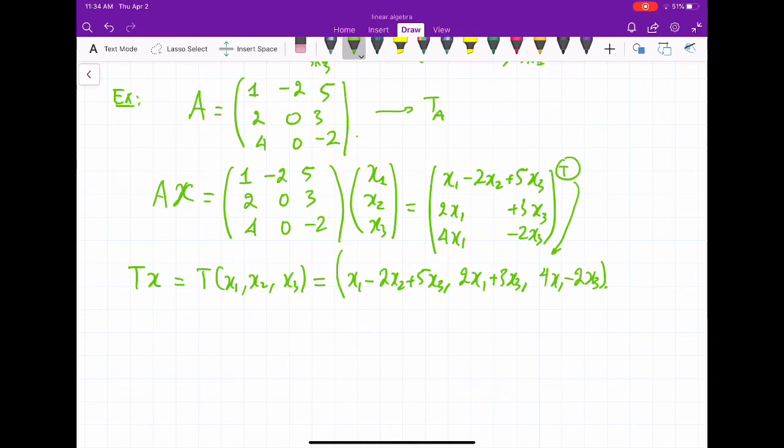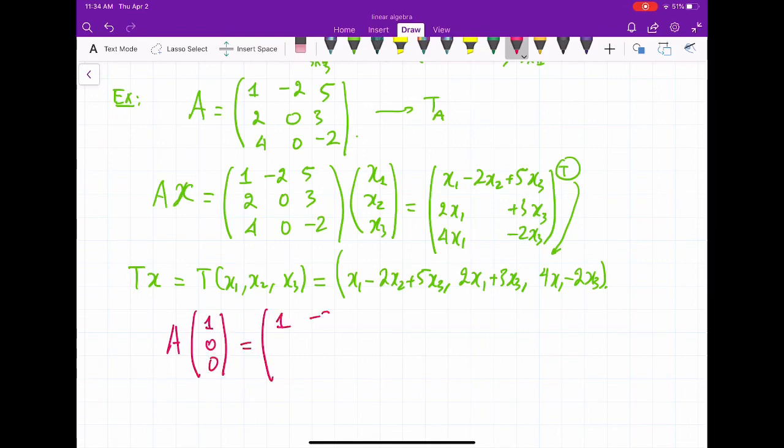Here I want to mention one thing. If you apply this linear transformation to the basis vectors in the standard basis of R3, what will we get? You apply A to (1, 0, 0).